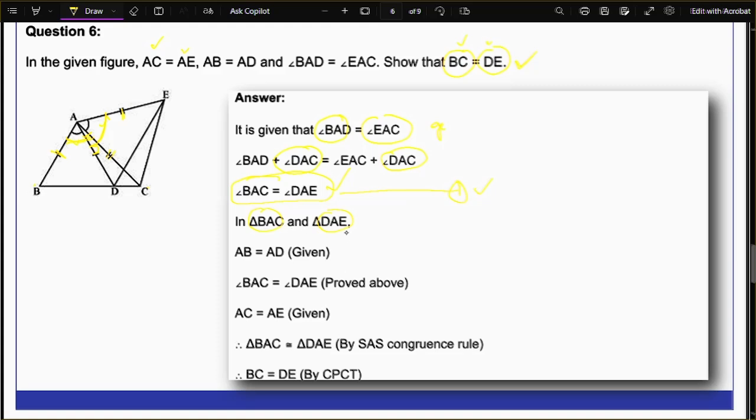Now consider these two triangles, ABC and ADE. It is given that AB equals AD.